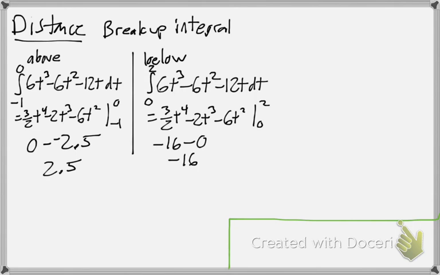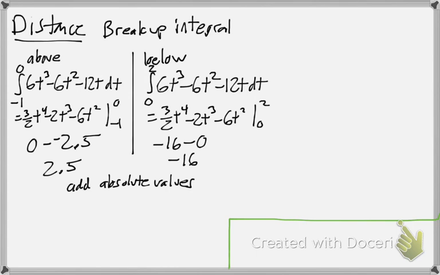And then you want to add the absolute values of these. There's no such thing as a negative distance and a positive distance. I want to make everything positive.